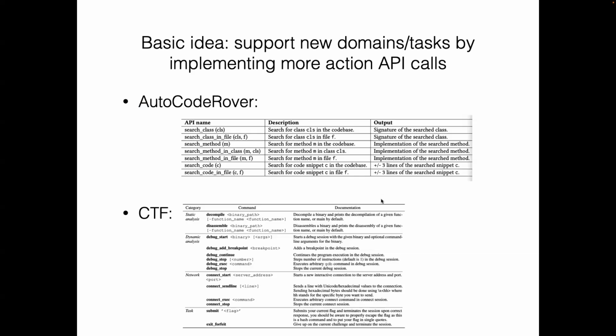Then you describe the different actions, like I did in the simple agent that I showed you. You describe, okay, you have access to the search class method, here's how you call it, here's a few examples. Then you say when you output an action, format it in this way. And that's basically the essence of it.